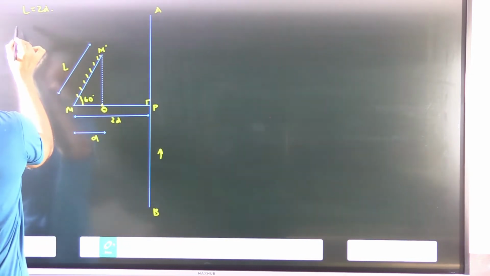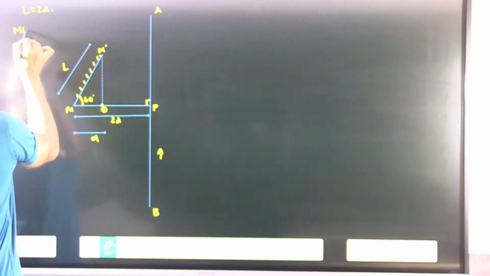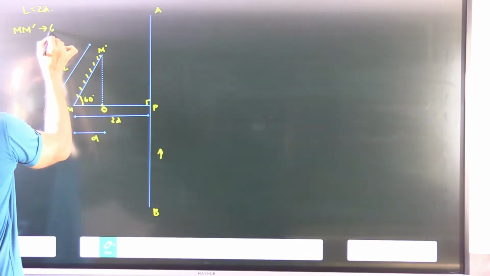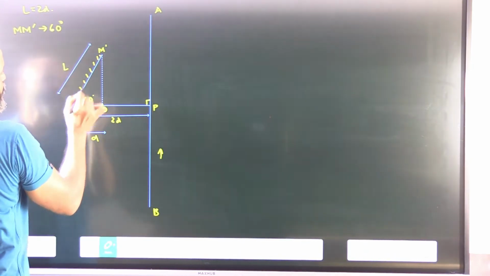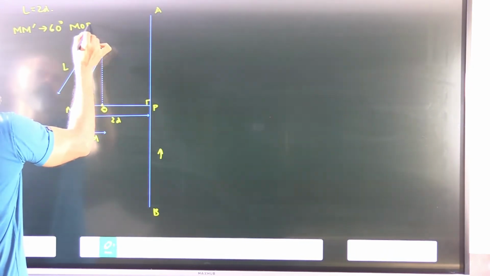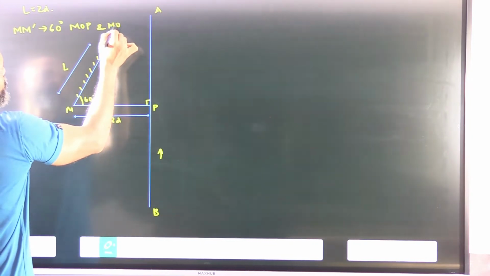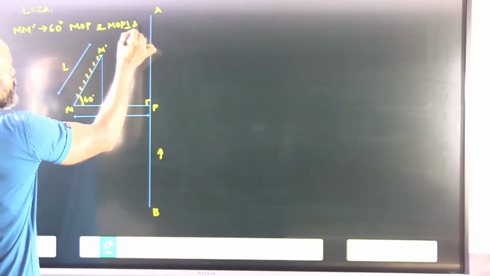MM dash is making an angle of 60 degrees with MOP, and MOP is perpendicular to AB.